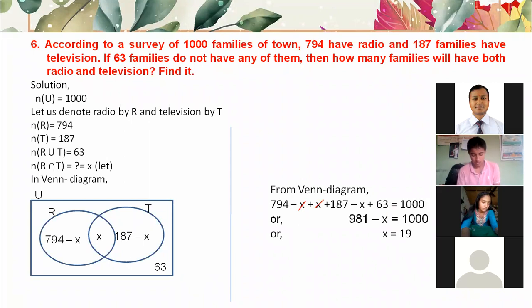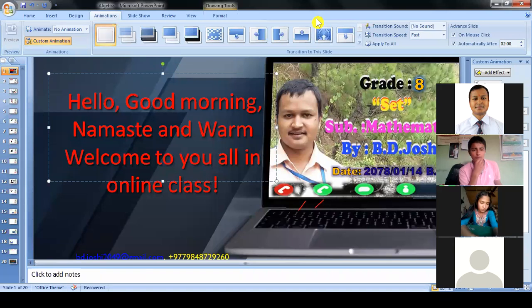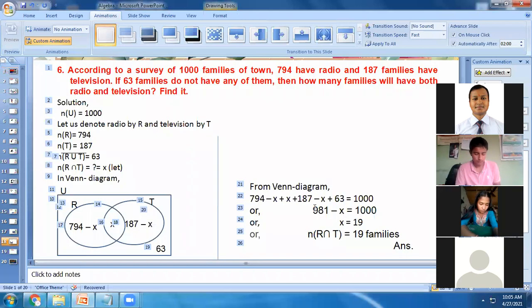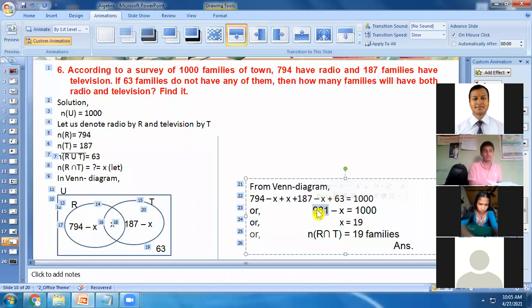Have you added? Yes, there is a mistake. The sum is 1044. So if it is 1044, what will be here? 44.